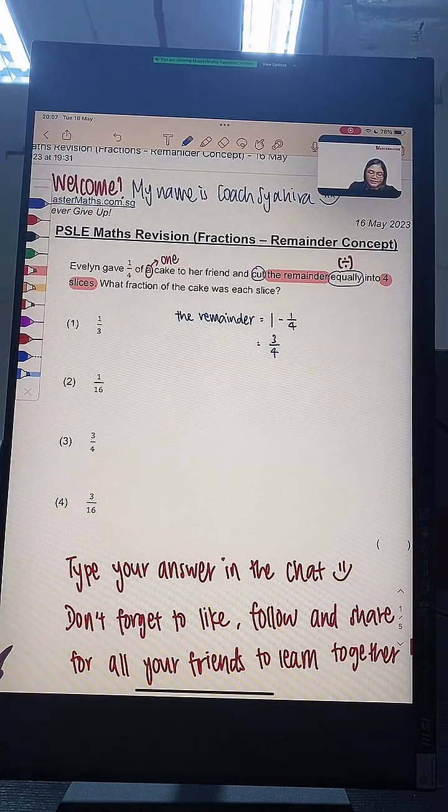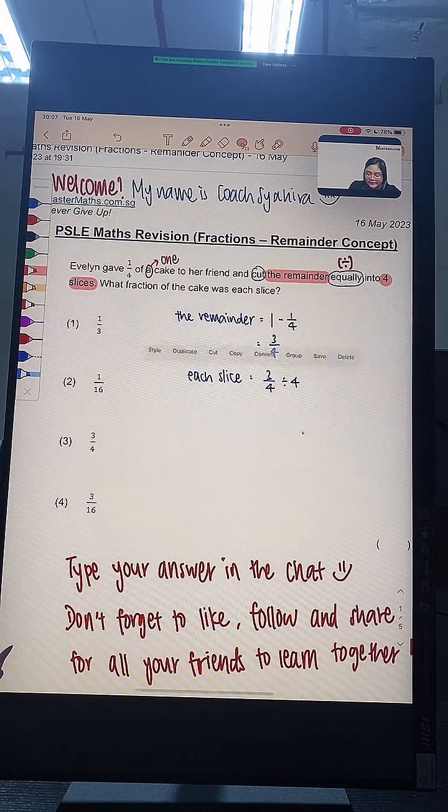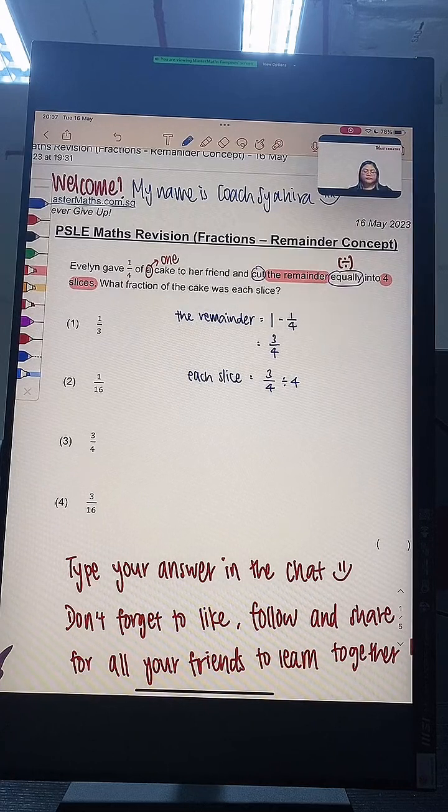Therefore each slice is going to be 3/4 divided by 4, because we cut them equally into 4 slices. So the fraction for each slice would be 3/4 divided by 4.